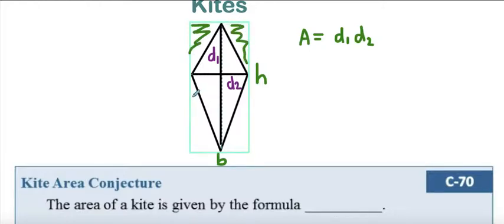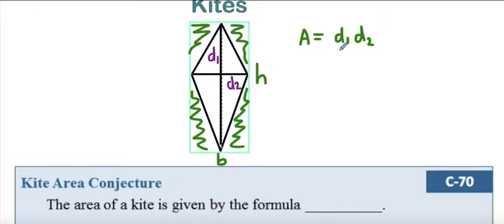So how do I get rid of these pieces on the outside in order to just get the kite that's on the inside? Well, again, I'm not going to show the transformation here, but if you look at this piece here, it's just the same as this triangle here. So these two triangles are equal. These two triangles are equal. These two triangles are equal. And these two triangles are equal.